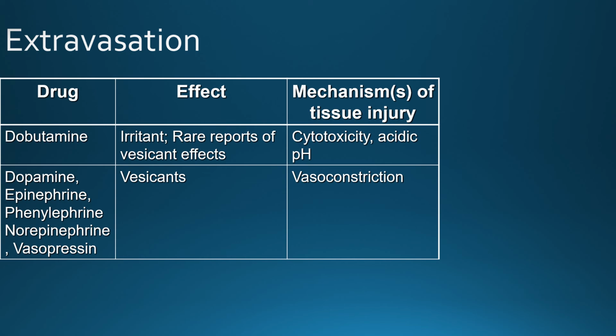Extravasation: dobutamine causes irritant reactions; vesicant effects; mechanism of tissue injury is cytotoxic, acidic pH. Dopamine, epinephrine, phenylephrine, norepinephrine, and vasopressin have vesicant effect and cause vasoconstriction.